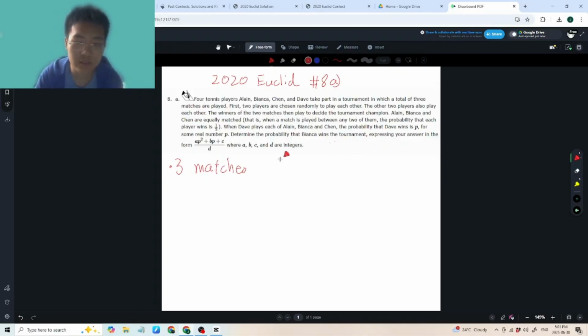So here's how the layout will be. Suppose we have 2 players. They play against each other, and there is a winner between them. Now there is another match, and these two also play each other, and they also develop a winner. Now these two play against each other, and the one who comes out on top wins the entire tournament.